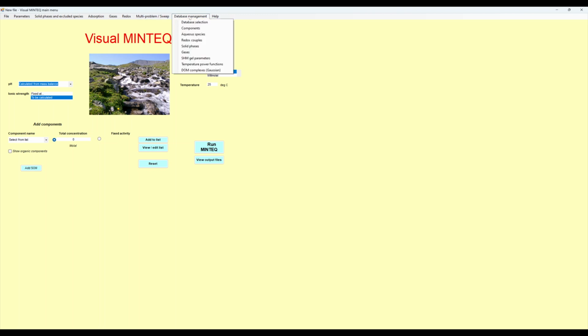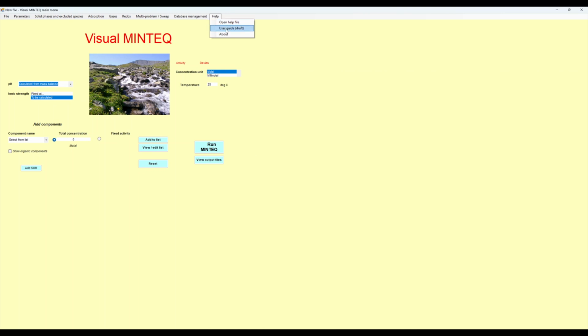This is again based on the database management. If you're going to use your modified database for thermodynamic calculation, then you can change it here in this tab. But we're not going to change the database. We just use the one that came with the software, which is actually pretty comprehensive. And the last one is the help tab, pretty useful.